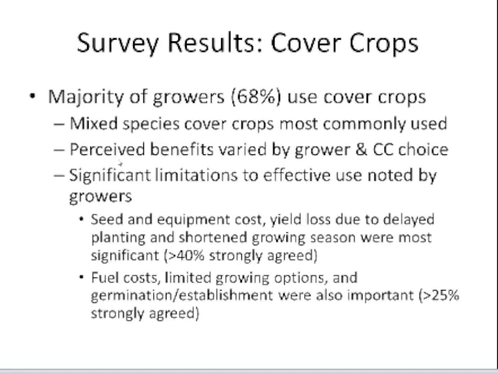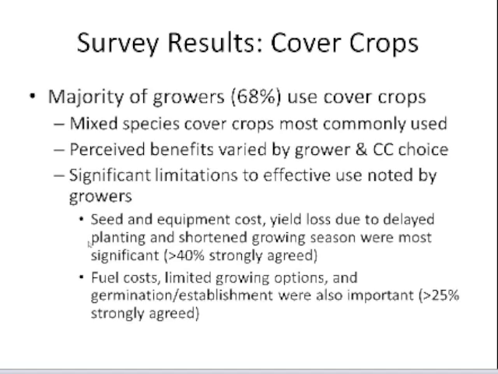The perceived benefits of the cover crops, those that we had outlined in the first part of this talk, varied greatly by grower and also their cover crop choice. So there was a real spectrum of understanding of what the different cover crops can bring to a soil system. Significant limitations to the effective use of cover crops were noted, and these included seed and equipment cost. Again, $10 to $50 per acre is what you'll spend on cover crop seed, depending on the type of cover crop you use.